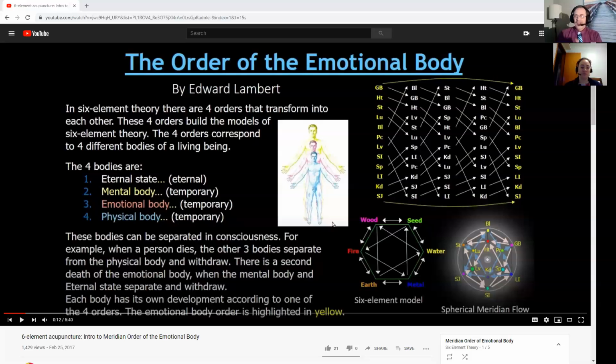So one of these orders is the emotional body. And we see that here, where it starts with gallbladder meridian, then the heart meridian, stomach, lung, bladder, pericardium, liver, small intestine, spleen, large intestine, kidney, sanjiao. You follow those 12 archetypes in order, and they will describe the development of our emotions.